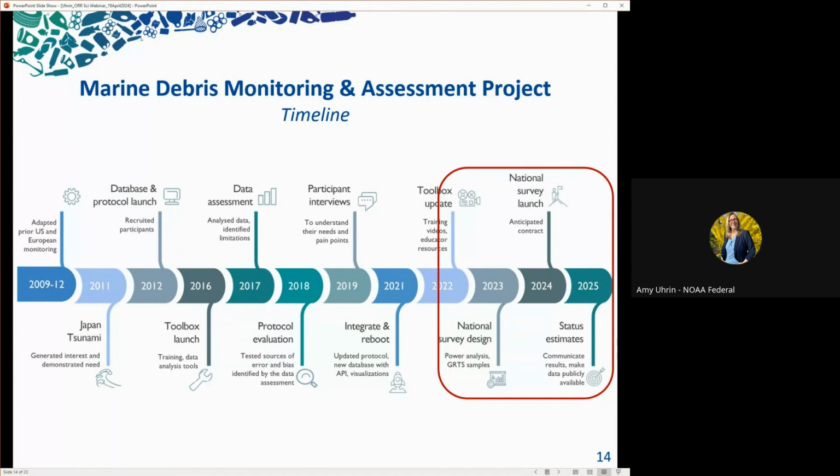So the remainder of my talk is going to focus on this journey of how we took this on-site data collection protocol and have now come up with a grand scale survey design across shorelines of the United States, including the Great Lakes. And I'm constantly going to be linking back to those basic principles of experimental design that I introduced at the very beginning. So hopefully those will look familiar to you.